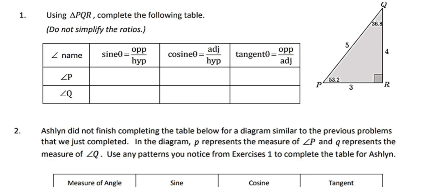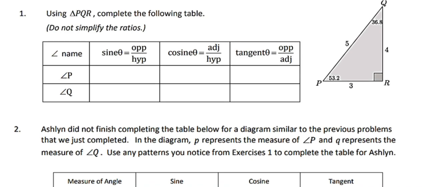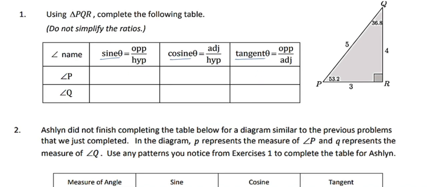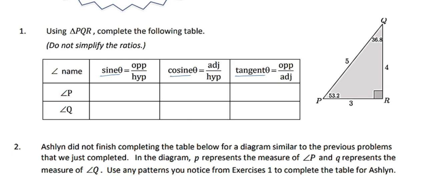All right. So we're trying to complete this table. We're writing the sine function here, cosine here, tangent here, using angle P and angle Q. So really, these functions are just calculators. They just calculate an exact value for a ratio with an angle. So sine of P, remember that's opposite over hypotenuse, so that would be 4 over 5.